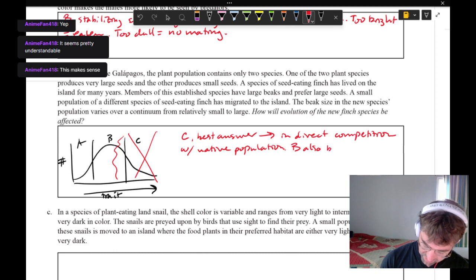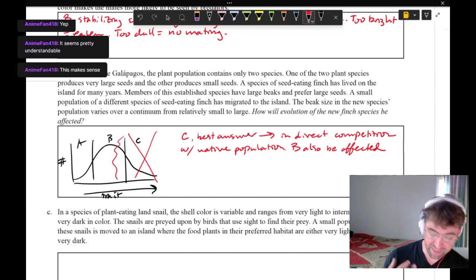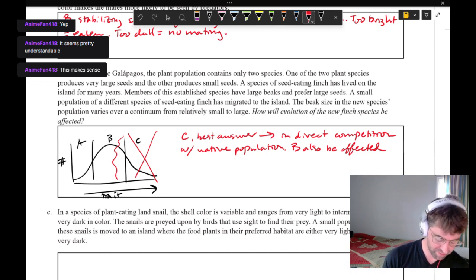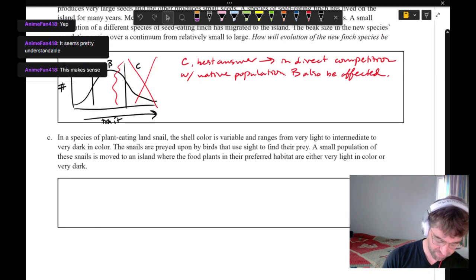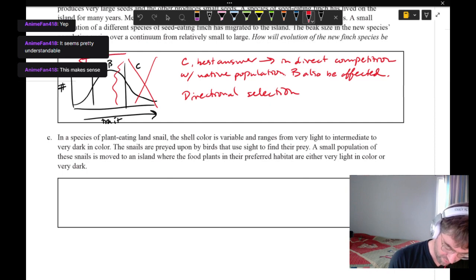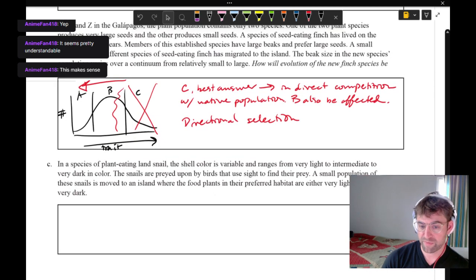B will also be affected since they'll be in direct competition with the birds that have smaller beaks and are eating all of the smaller seeds, presumably, and in competition with the large-beaked birds eating the large seeds. This would be an example of directional selection. Favoring small-beaked birds.